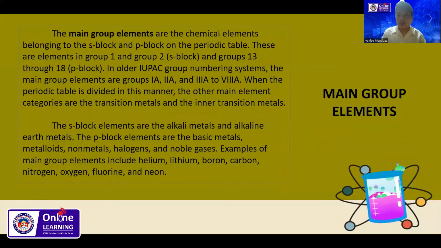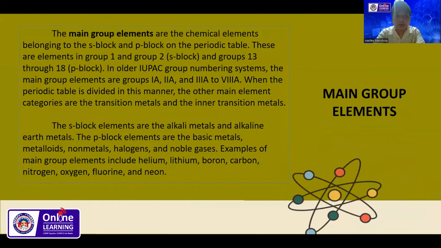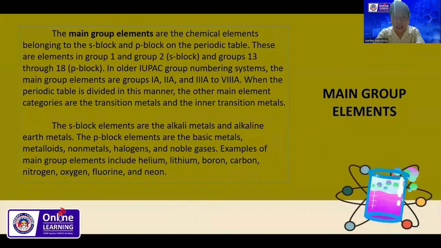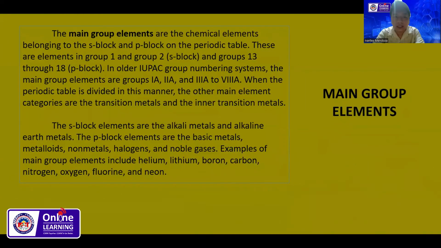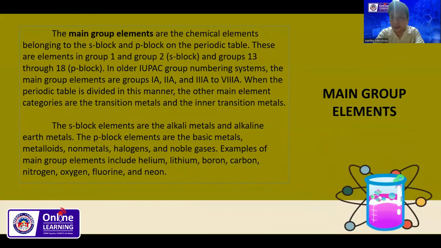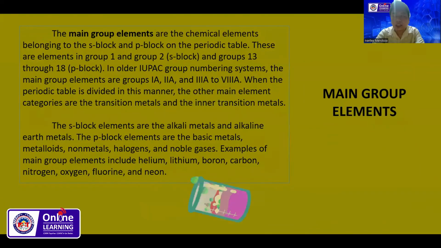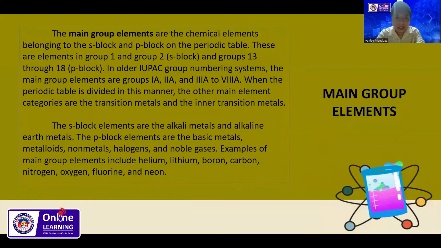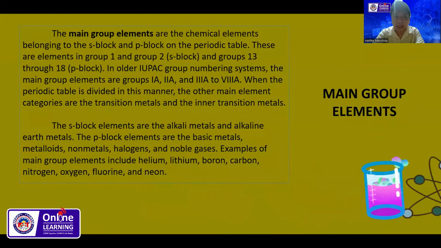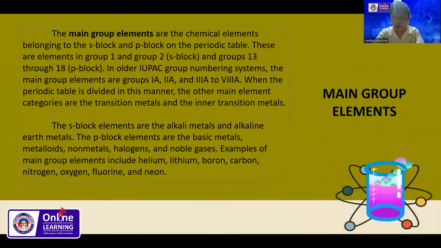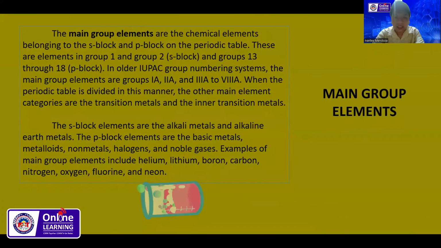Now, the main group elements are the chemical elements belonging to the S block and P block on the periodic table. These are the elements in group 1 and group 2, which is the S block, and we have groups 13 to 18, that is the P block. In the older IUPAC group numbering system, the main group elements are groups 1A, 2A, and 3A to 8A.